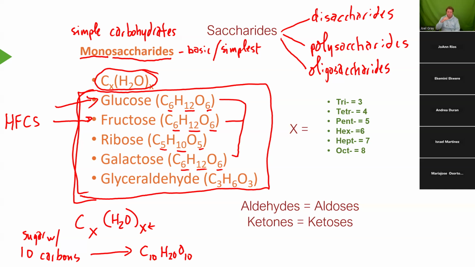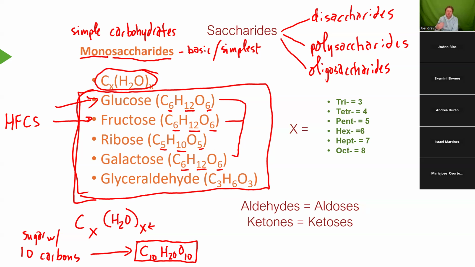So it does have a basic ratio of 1 to 1, but this would be the complete molecular formula of a sugar with 10 carbons. Now, if it had 50 carbons, it would be C50H100O50. I apologize.